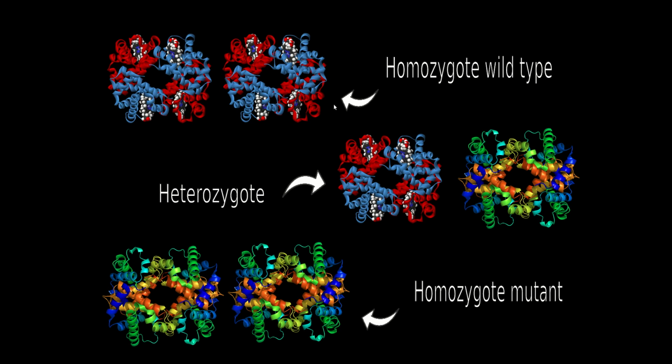And then you can have both chromosomes with the mutant form of hemoglobin, and these are the people whose red blood cells are full of only the mutated form of hemoglobin. These people are the people with sickle cell anemia.